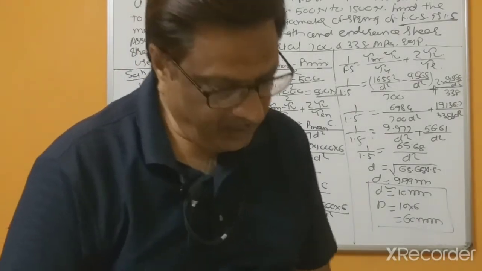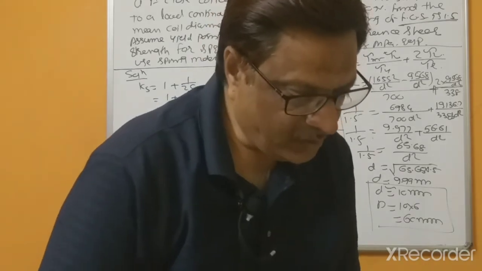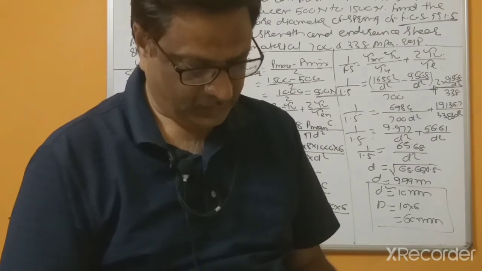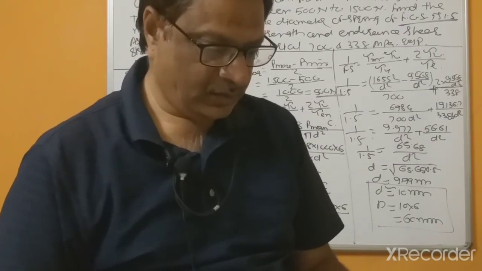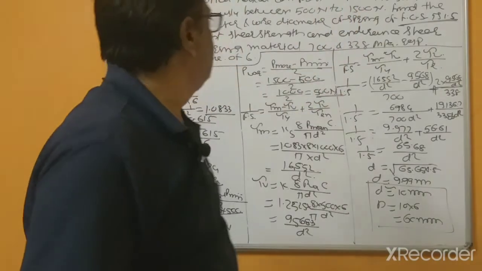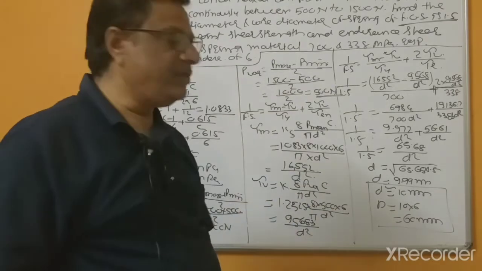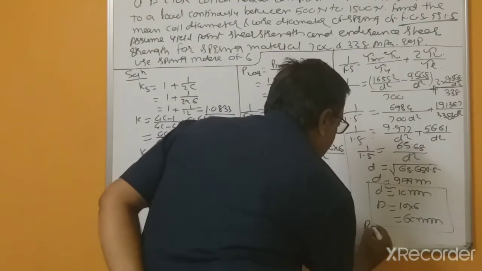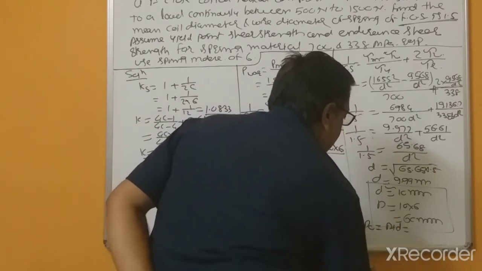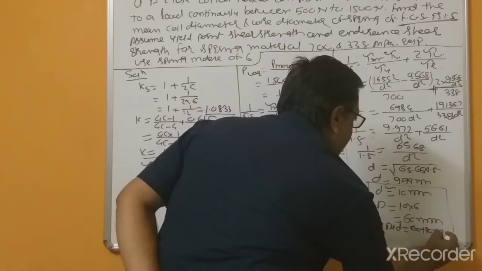So you may be happy by solving such types of problems. So what is asked? Diameter of the spring. So this is mean diameter or outer diameter, D plus small d, this is equal to 60 plus 10, 70 mm.